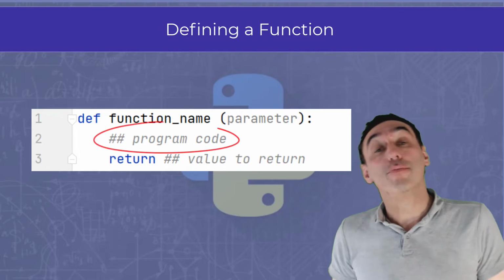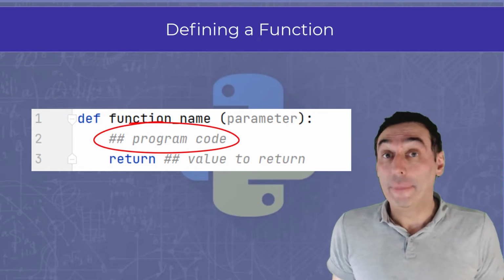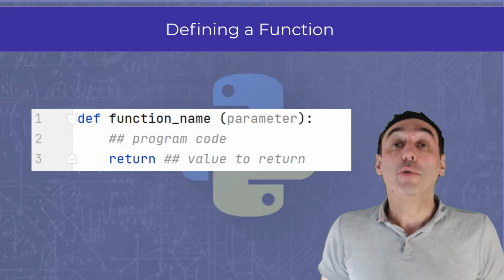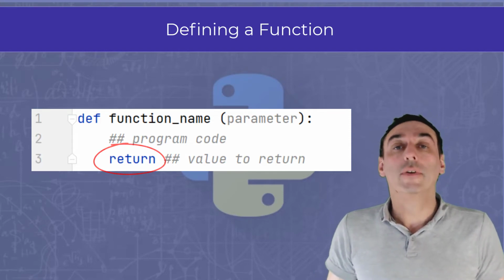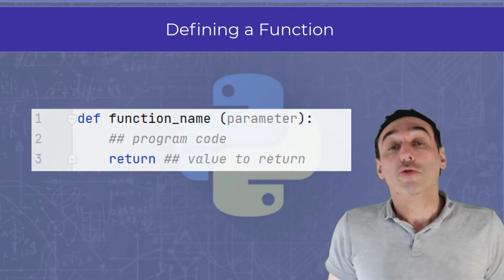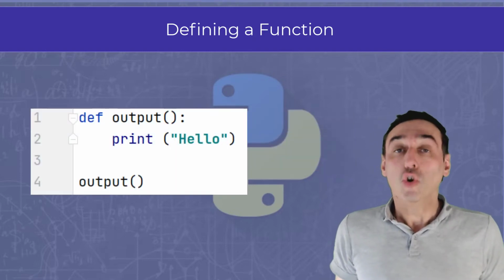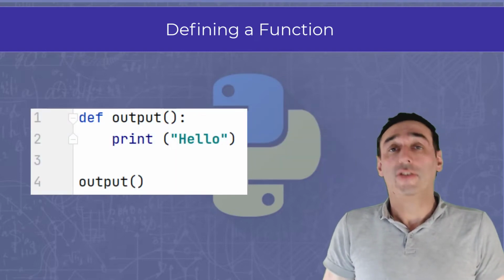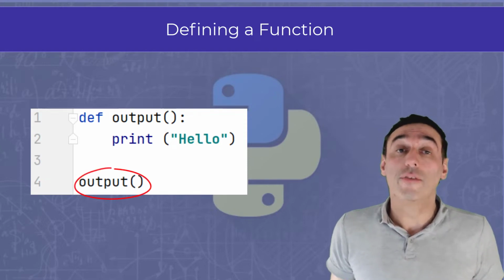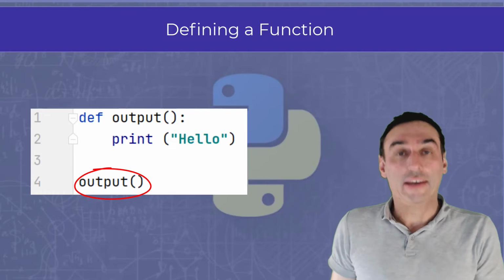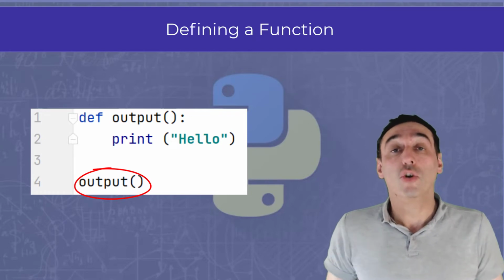We then have the program code for that particular function, and then we use the return command to either return a value or not. Once we've created the function, we can then call the function, giving this as an example here. So we've got an output function which prints hello, and we then simply call the function output(), and we can either specify the parameters or not.